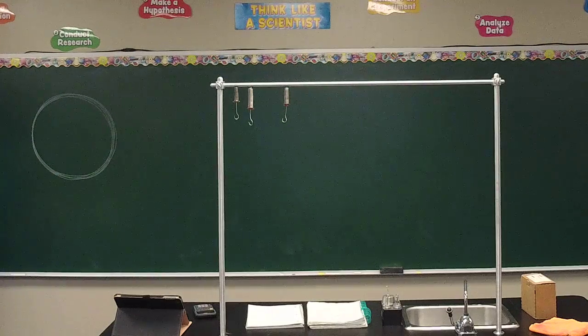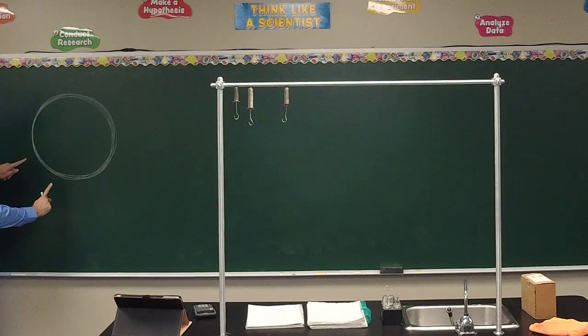Kendall? For an object in uniform circular motion, acceleration is always, anyone? Out. Ooh, in. Toward the center. All right, so class, where is the acceleration for an object in uniform circular motion? Toward the center of the circle.